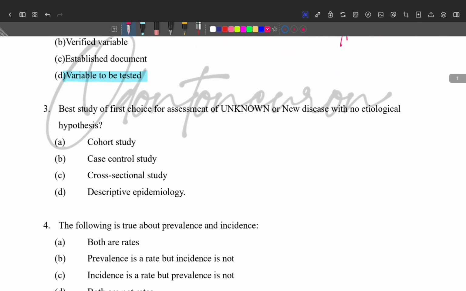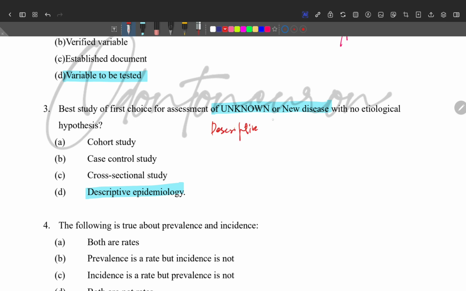Okay. The best study of first choice for assessment of an unknown or new disease, very important, unknown or new disease, is descriptive epidemiology. Now we have to know some important stuff here.